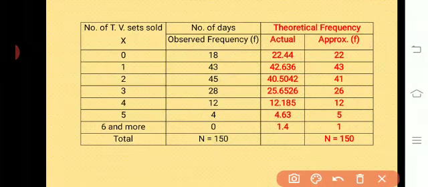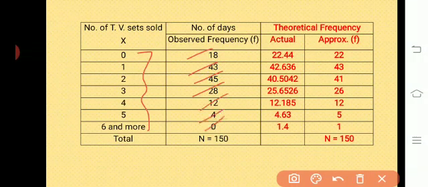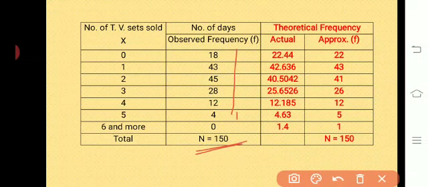Then the number of TV sets sold are 0, 1, 2, 3, 4 up to 6 and more. Observed frequencies are 18, 43, 45, 28, 12, 4 and 0, which are given in the question itself. If we add these observed frequencies, we get capital N equal to 150.